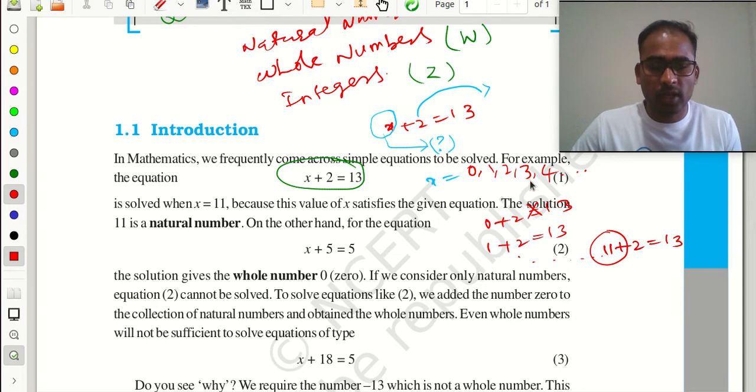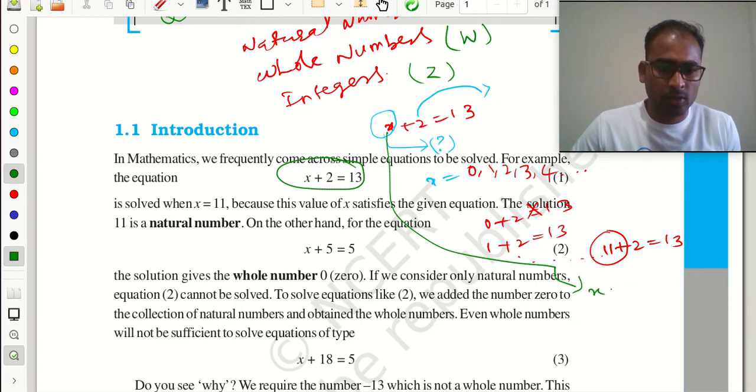Clear? In another way we can do it. x plus 2 is equal to 13. So x is equal to, I will put this 2 on the right side of the equal sign. So 13, here plus 2 is there, it will become minus 2. x is equal to 11.